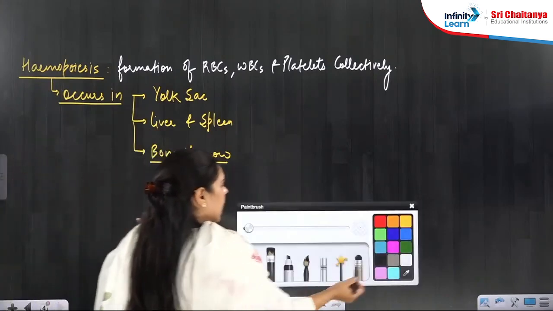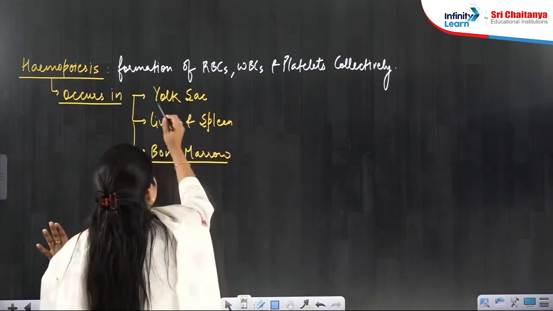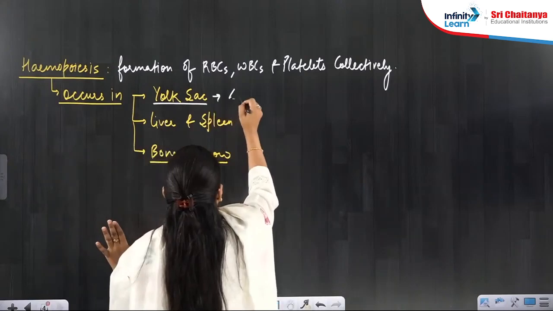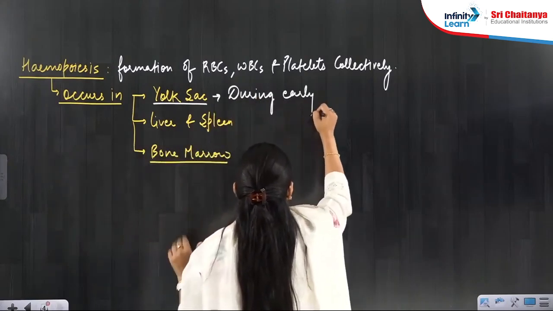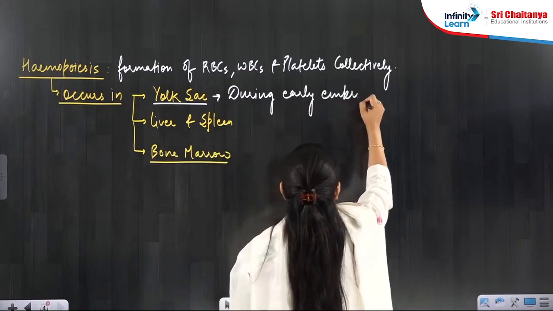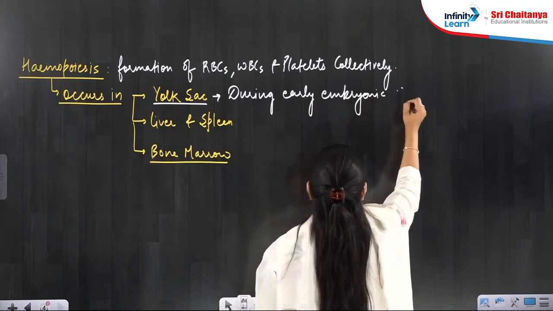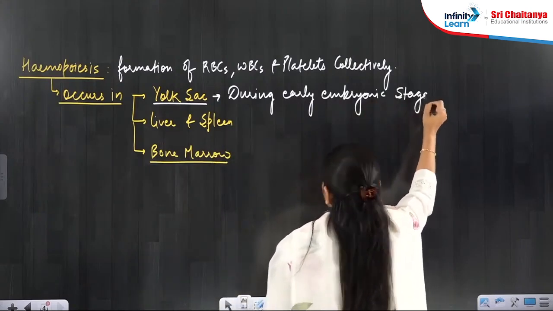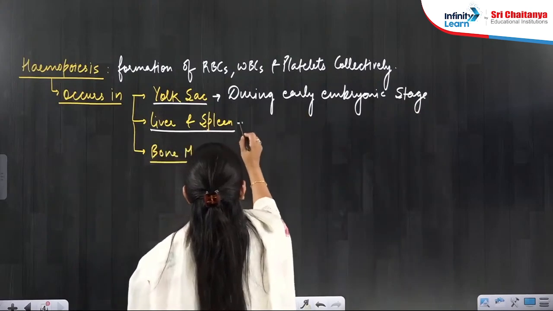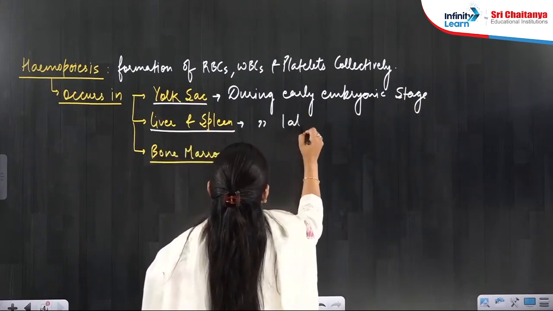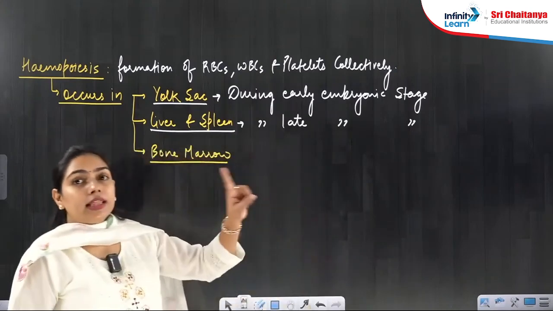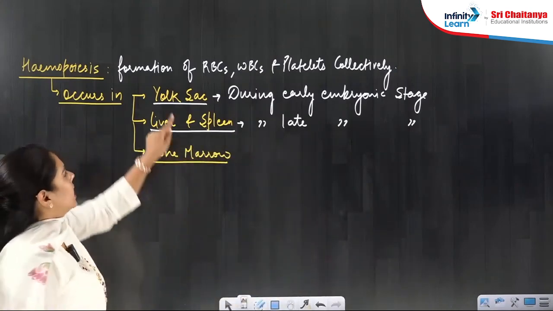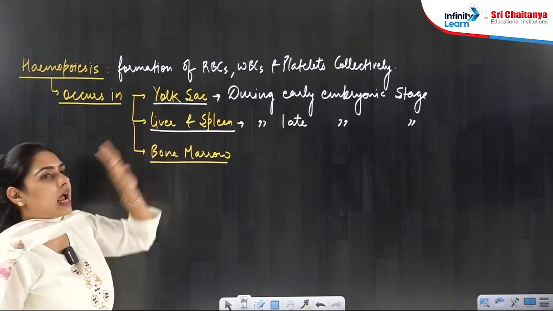So if somebody asks you, it occurs in the yolk sac during the early embryonic stage. It occurs in the liver and spleen during the late embryonic stage. During embryonic life only, it occurs in the yolk sac, liver and spleen.